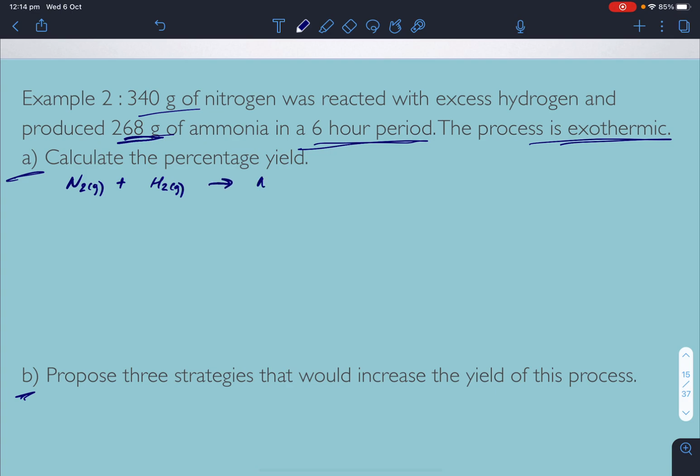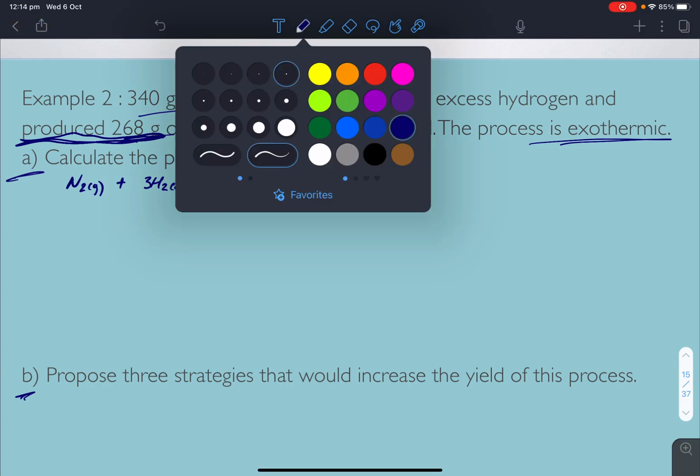Oh, it's the Haber process. Okay, so balancing it out, we need 2 ammonias, we need 3 hydrogen molecules and 1 nitrogen molecule. Okay. Look, if I actually sit down and read it, it says produce. So there's my actual yield, and what I'm working out is my theoretical yield.